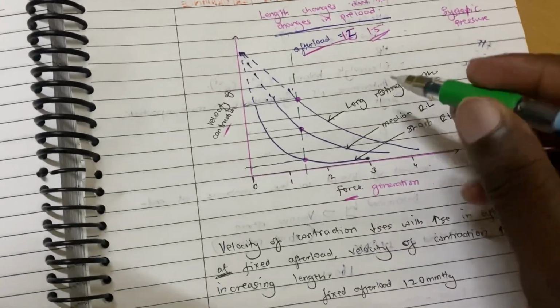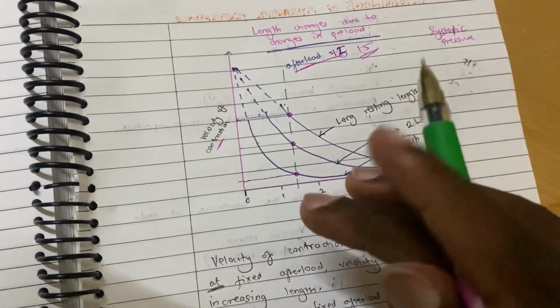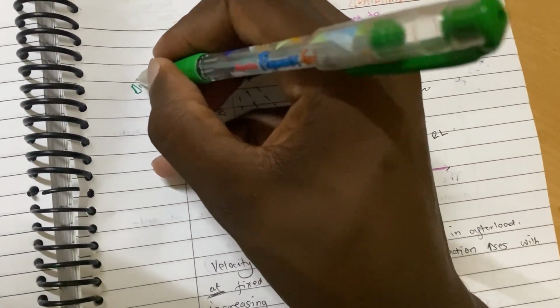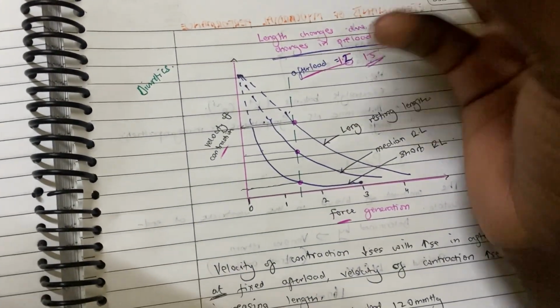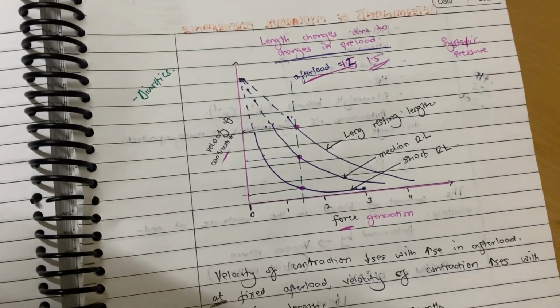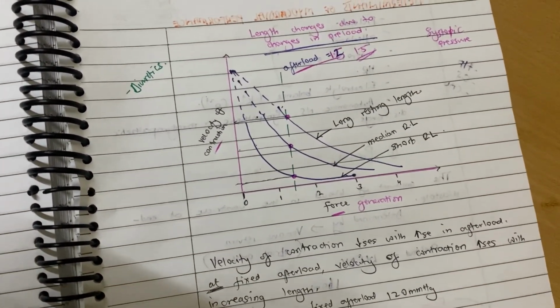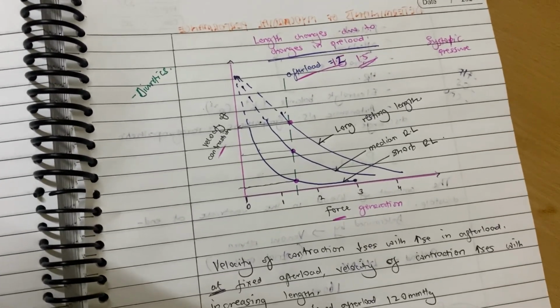But before, this concept of preload is used clinically always, and you hear people giving diuretics, give Lasix, give what? They are trying to reduce the preload. So that preload in those patients is causing a lot of stress to the myocardium, reducing the force of contraction.